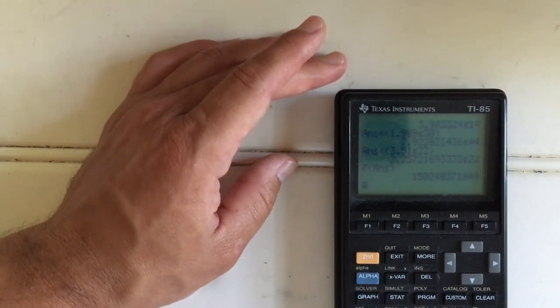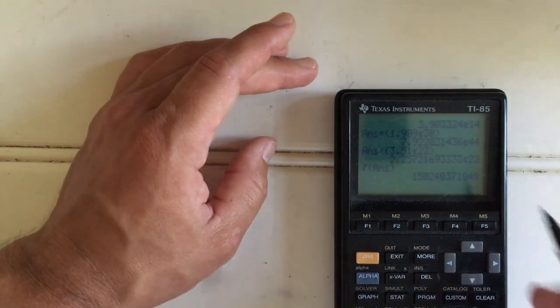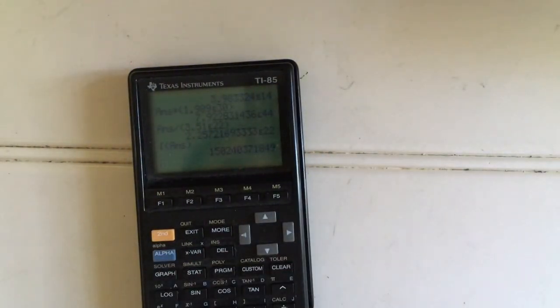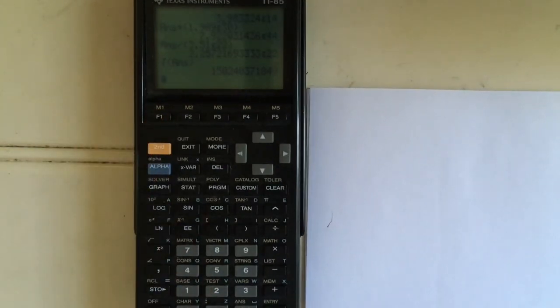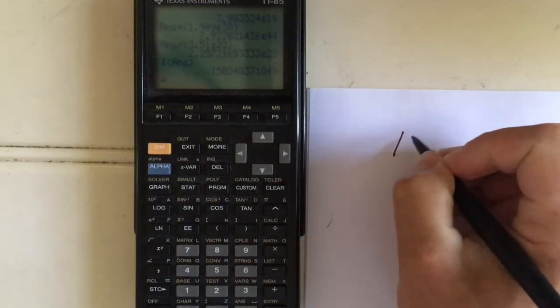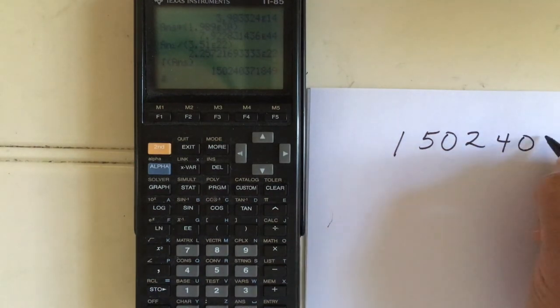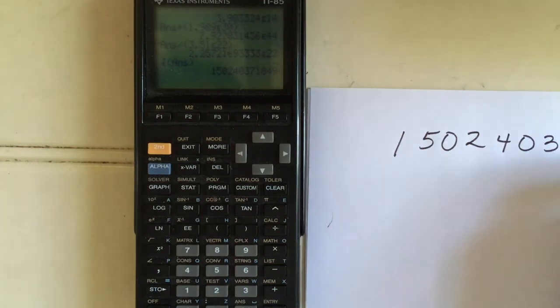All right, and when we do that, we get a large number with no scientific notation. That's a bummer. Let's see what that is then, because I'll just write it out on the piece of paper. 15024071849.